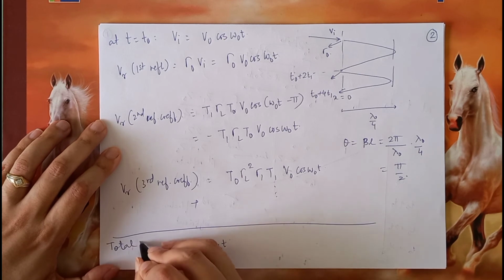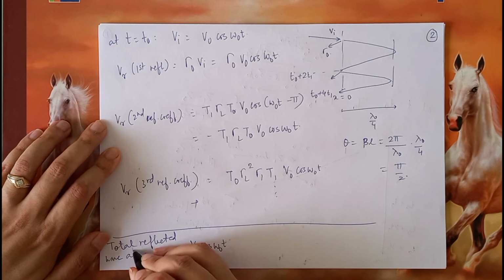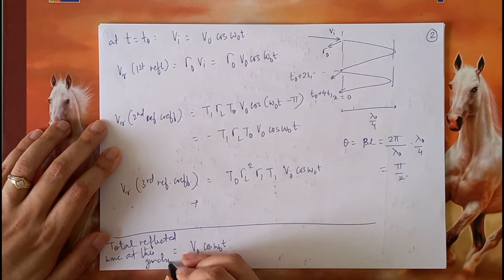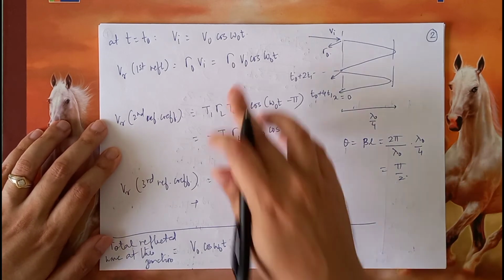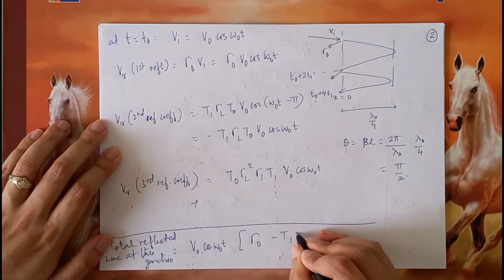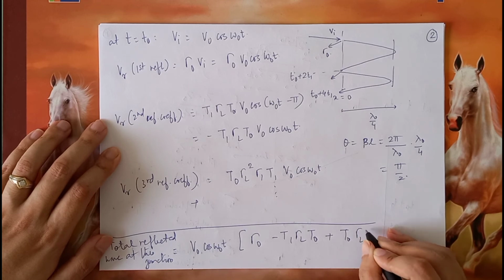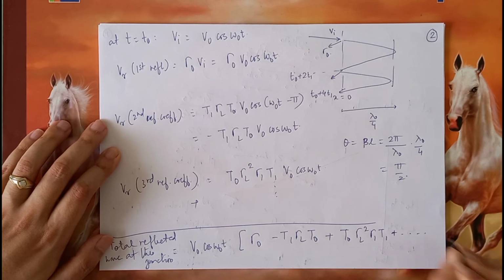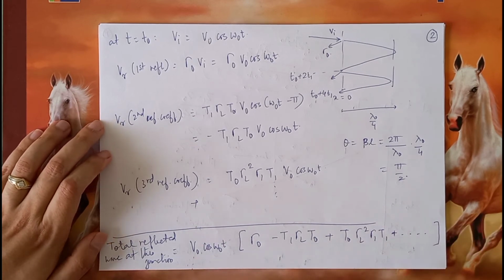So the total reflected wave at the junction is V0 cos omega 0 t, and inside all these coefficients will come, that is gamma 0 minus T1 gamma L T0 plus T0 gamma L square gamma 1 T1, and so on. So this is the total reflected wave.